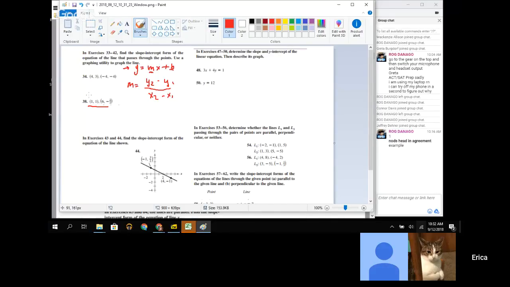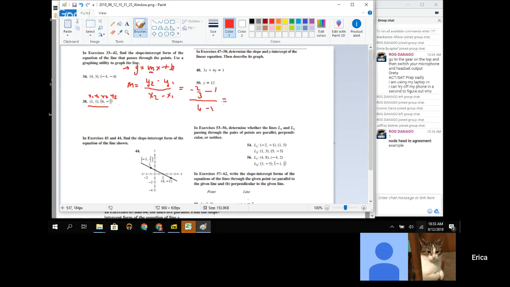All right, we're going to make this our x1, y1, x2, y2, right? Okay, so my slope is going to be, sorry, number 50, I'm going to write over here. My slope is going to be negative 2/3 minus 1 over x2, which is 6 minus 1.